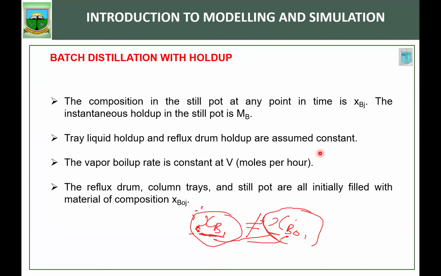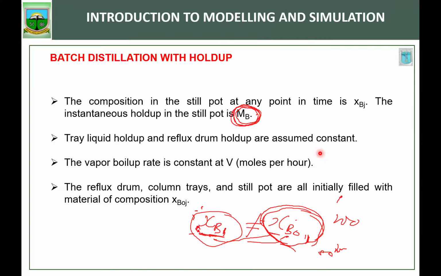At the start, the first component is 100%. So maybe after 10 minutes, if we have 20% of this going into the vapor phase, it means the XB1 in the pot is now 80% of the initial. So XB1 is not the same as XBO1. And the same thing, because we start losing some of the products to the gas phase, the MBO will start reducing to MB at a particular point in time during the process.